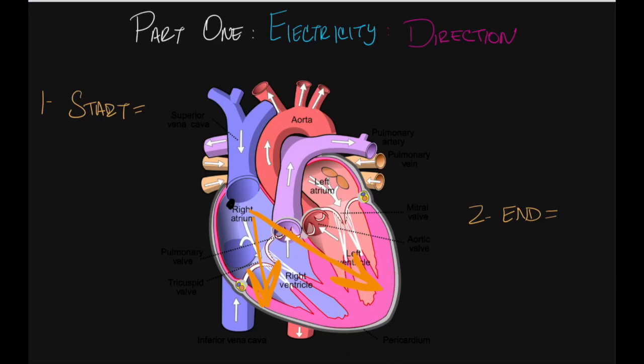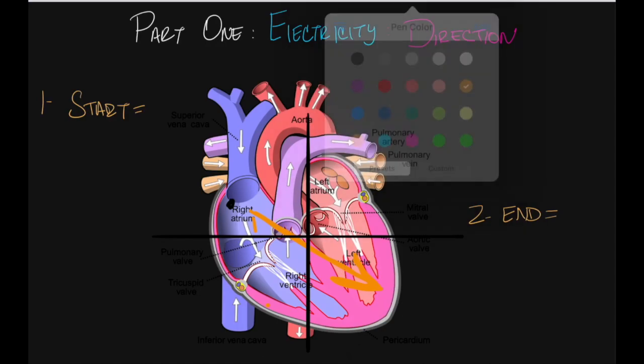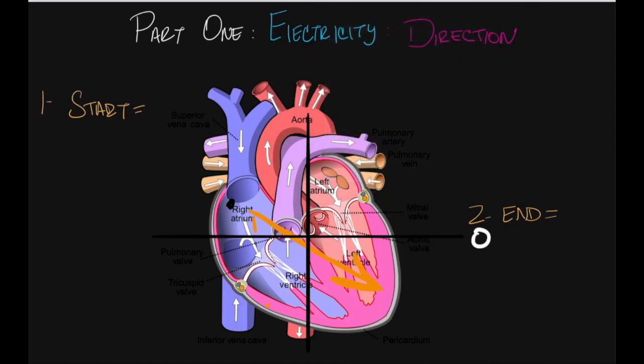If we think about this, we'd probably come up with a system similar to the idea of drawing an axis, like in a graph, that separates the right and left side and the top and the bottom, the atria from the ventricles. And we would see that the average flow of electricity falls somewhere between this 0-degree mark and this 90-degree mark.